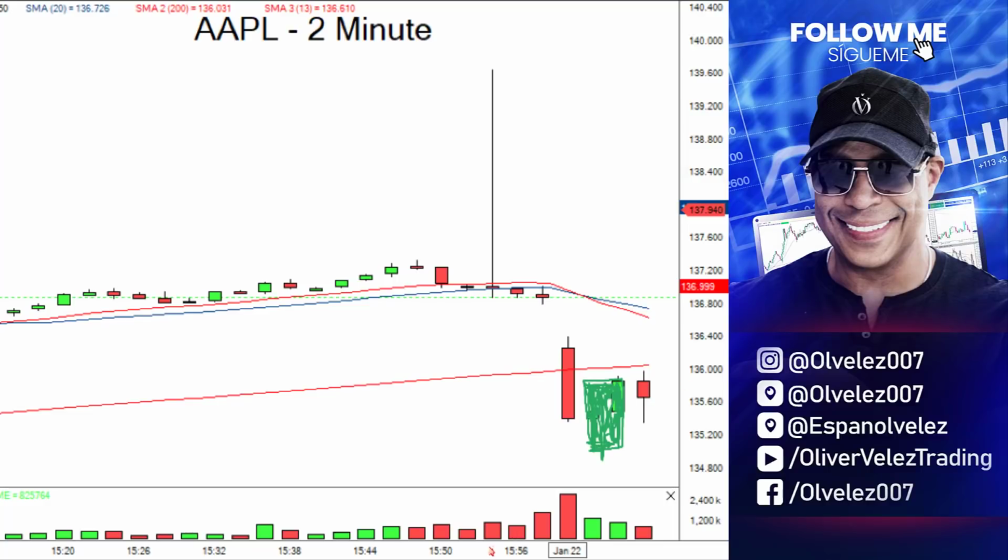Then we get a red bar. So I'm like, if this red bar doesn't follow through, this trade's over. Like this red bar should have produced a much bigger down move, but it wound up being a green.